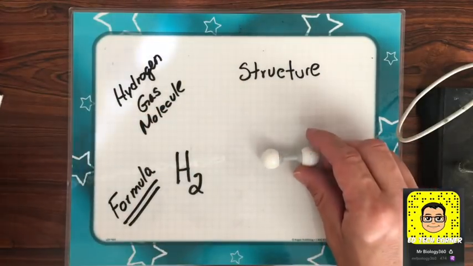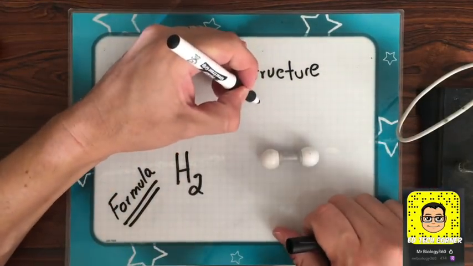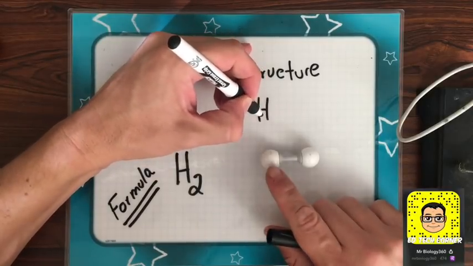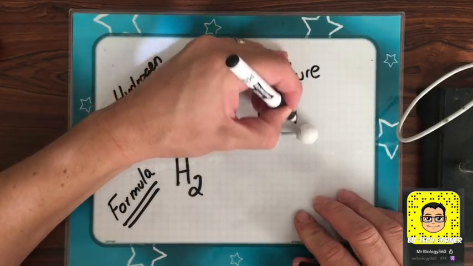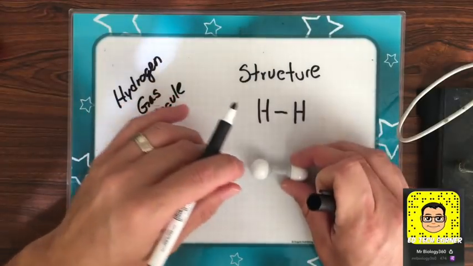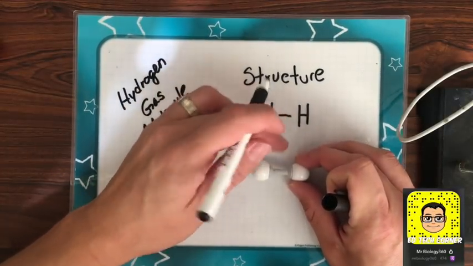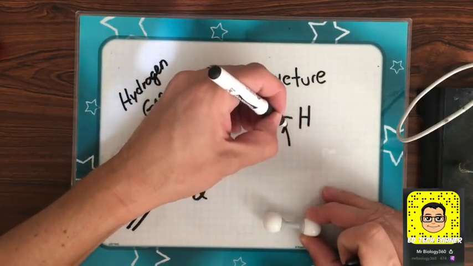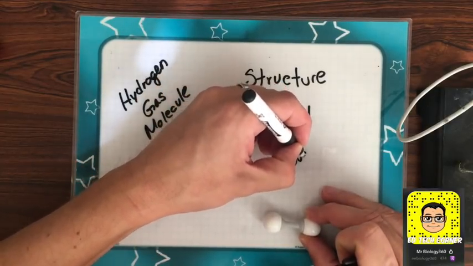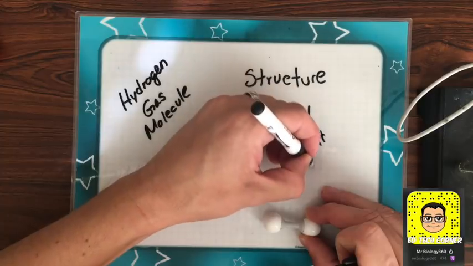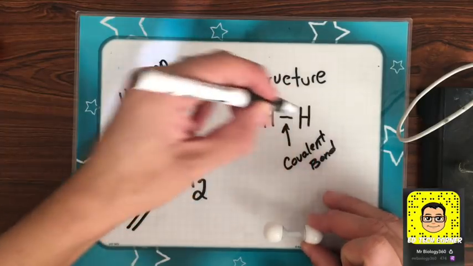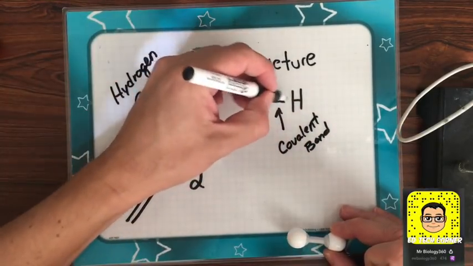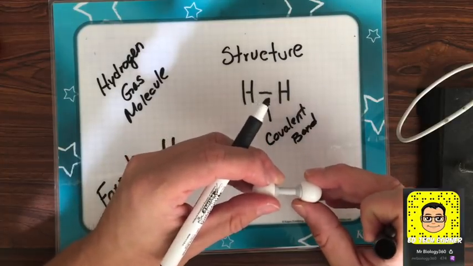The actual structure of this molecule is 1 hydrogen atom connected to another hydrogen atom, and this bond, this line, is called a covalent bond. This is what holds the 2 atoms together.